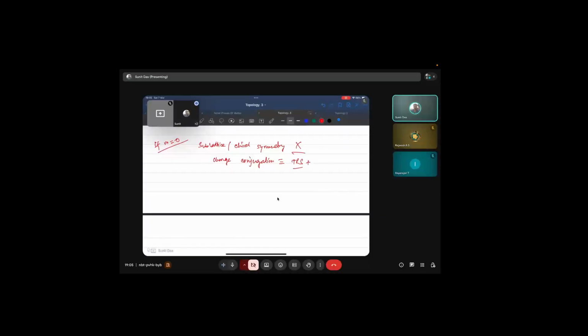Symmetries are the elements of a group. By group I mean mathematical groups actually. But for simplicity, we are just writing TRS plus sublattice symmetry or the chiral symmetry. So this symmetry is gone. That means charge conjugation is also gone.